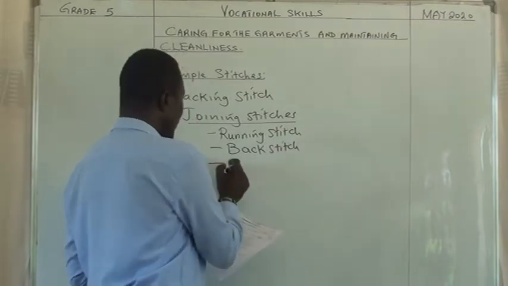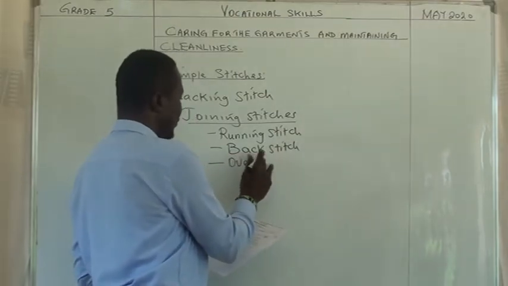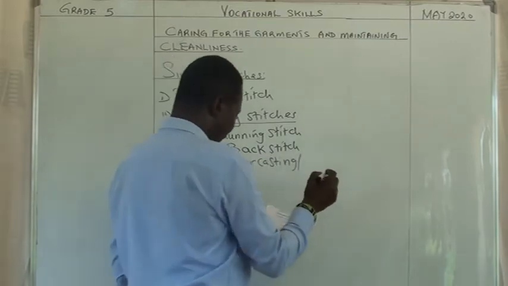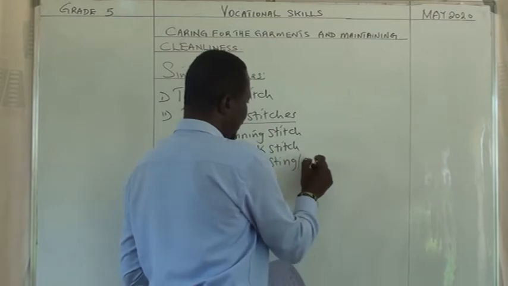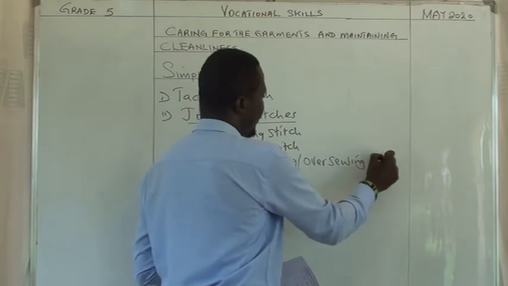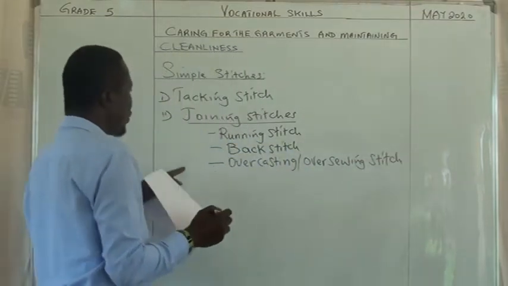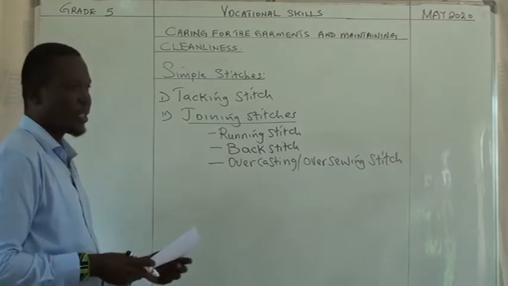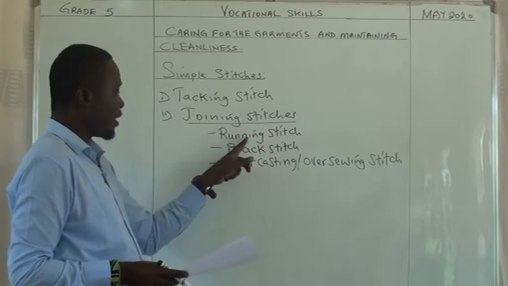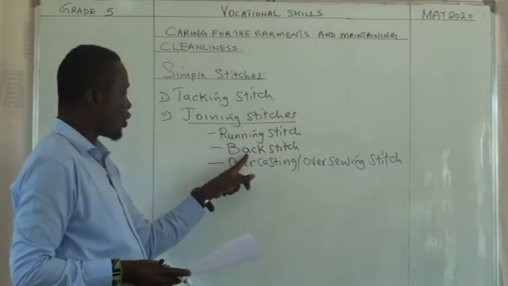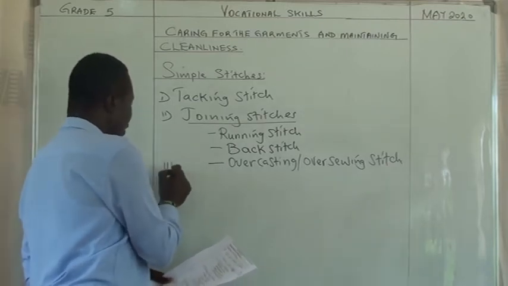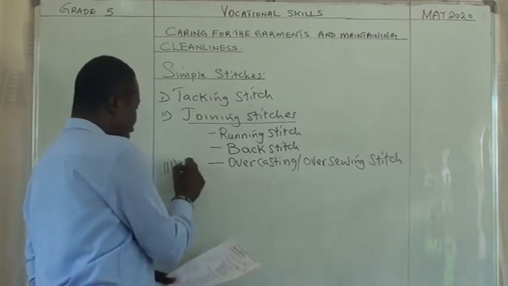Then we have overcasting or oversewing stitch. So the joining stitches are three major stitches: the running stitch, the back stitch, and the overcasting stitch. The third group of stitches is the decorating stitches.